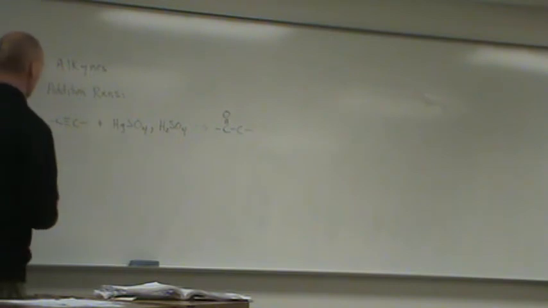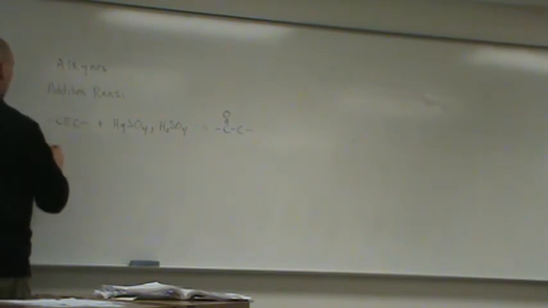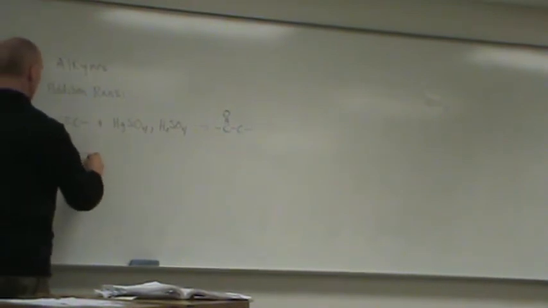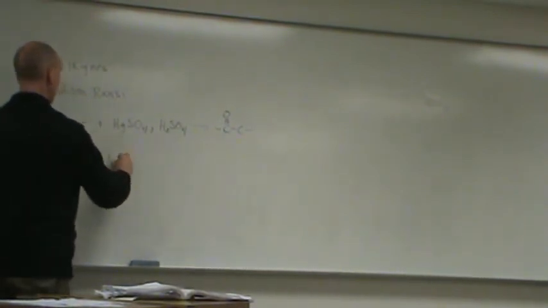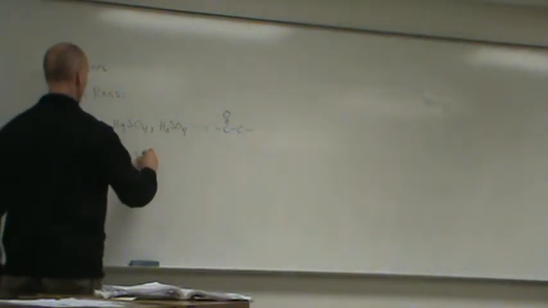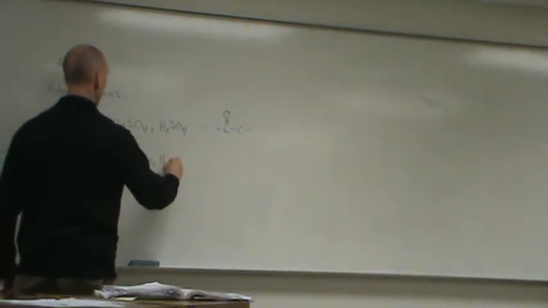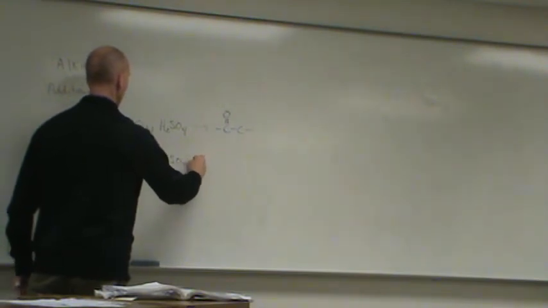Let's take a look at an example. Okay. So the trigger should be when you see the mercury. It's going to convert one of these two carbons to the carbonyl.